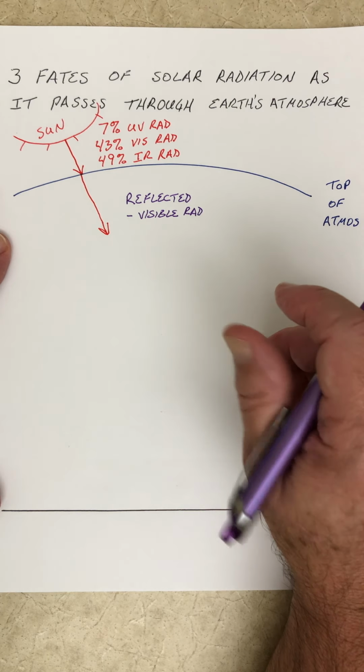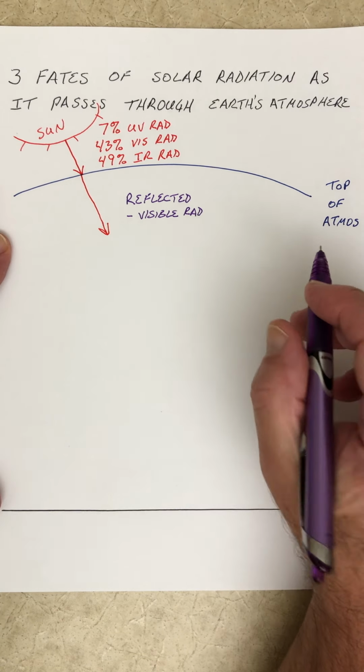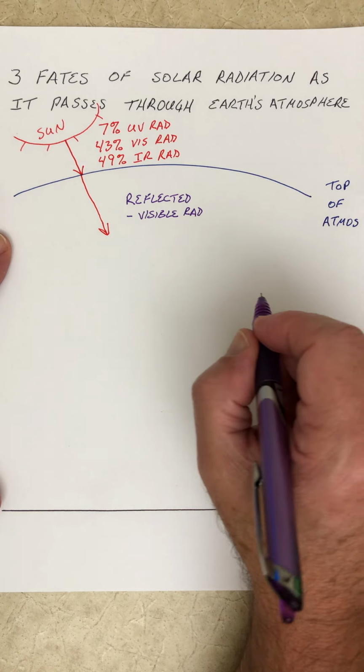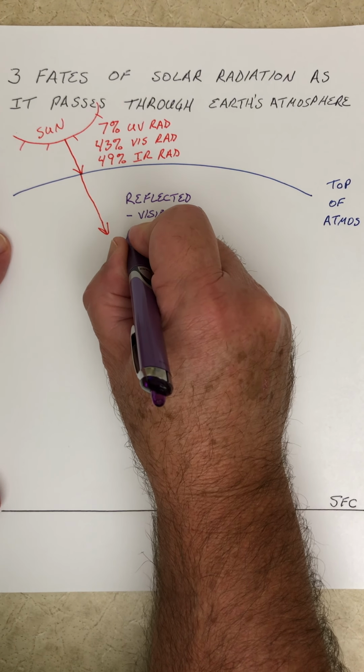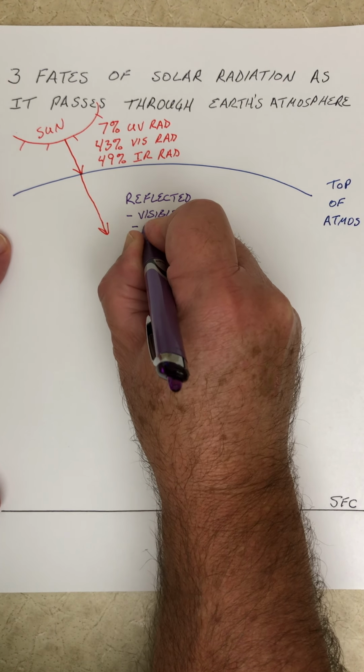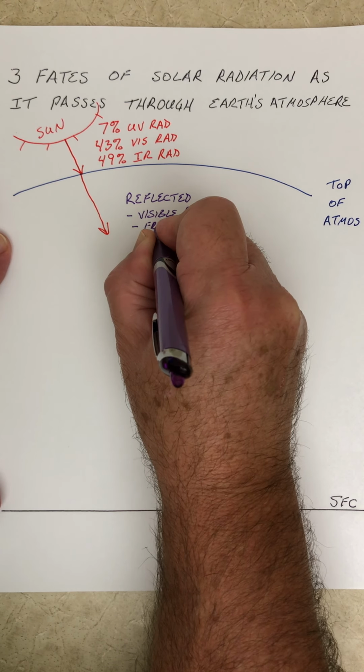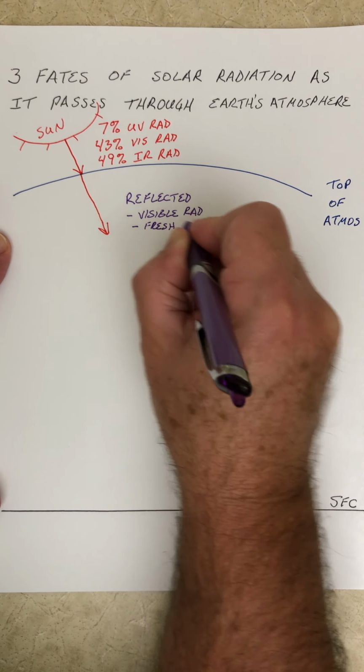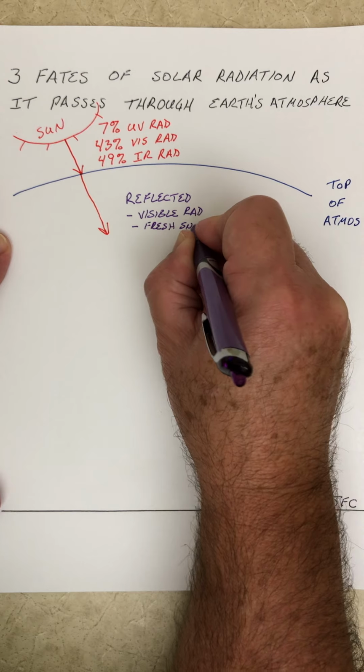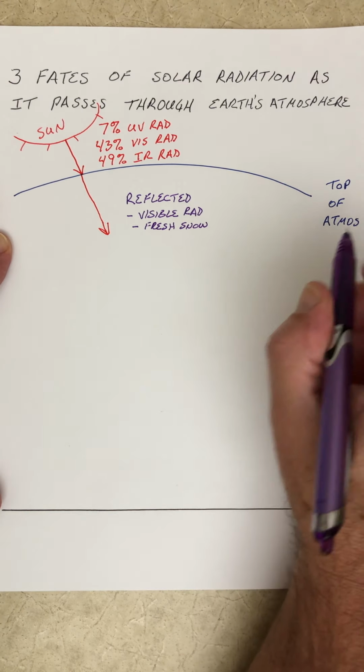And so in the Earth atmosphere system, what is doing that reflection? Fresh snow, well, all snow, but particularly fresh snow, is a very good reflector of solar radiation.